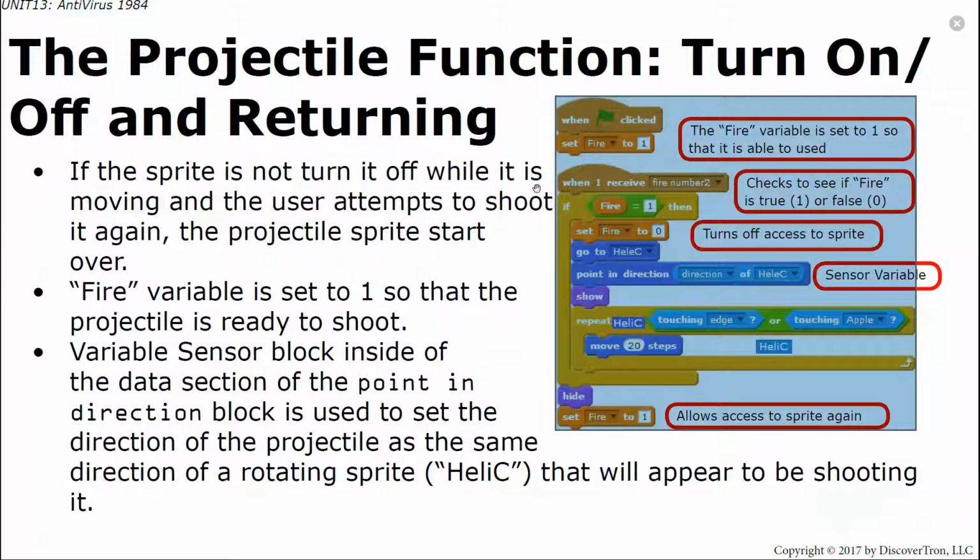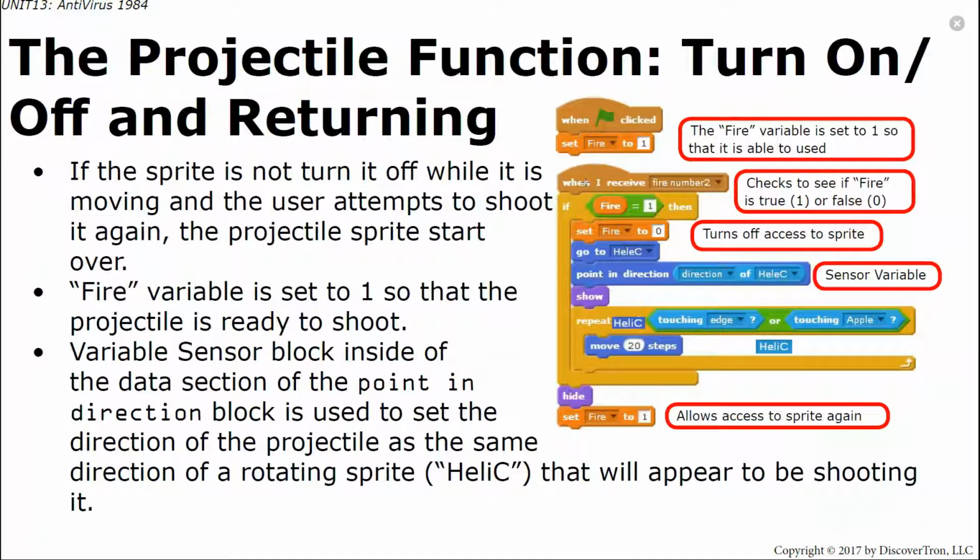Like I was telling you right here, if this message keeps getting received from the user hammering down the space bar because they just can't get enough projectiles on the screen, and the message keeps getting resent, it's going to reset the variable. This sprite may make it all the way through the code right down here and start moving across the screen, but if the message gets sent back, it's going to reset everything.